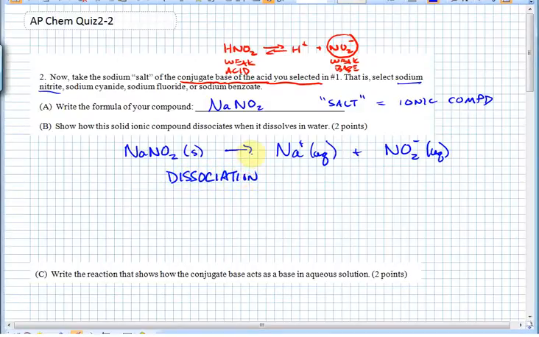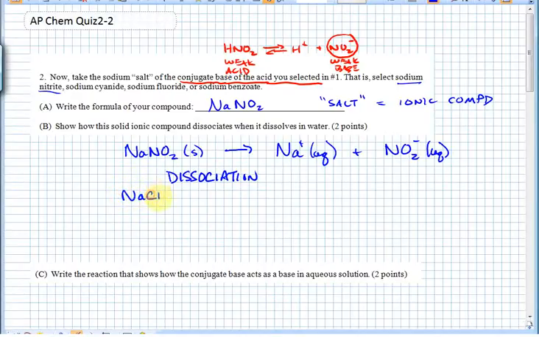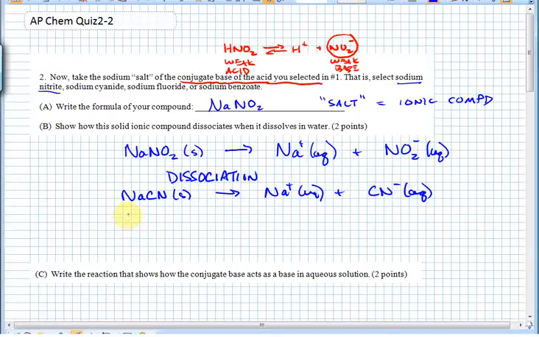We'd write a similar reaction for the rest of these. I'll do them real quickly. Sodium cyanide dissociates into sodium ions and cyanide ions. Again, be careful with your charges. Remember your polyatomic ions. Sodium fluoride dissociates into sodium ions and fluoride ions.